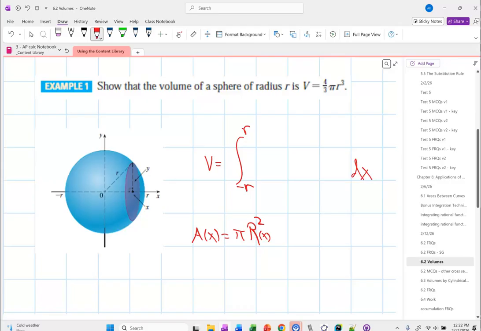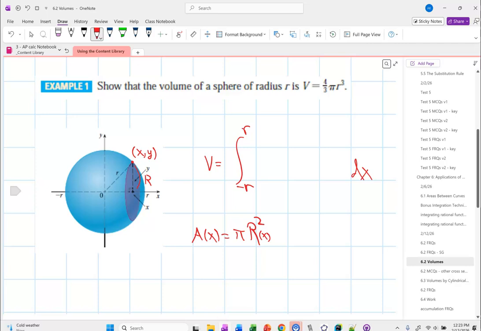Is everybody okay with that? So if I look at this arbitrary cross-section that I've drawn, this point here is an x comma y, right? The radius of my cross-section is represented by the y-coordinate. I need to find a way to rewrite that y-coordinate as a function of x. You okay there?